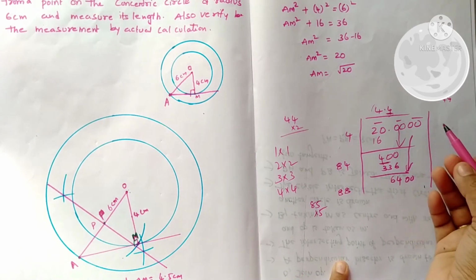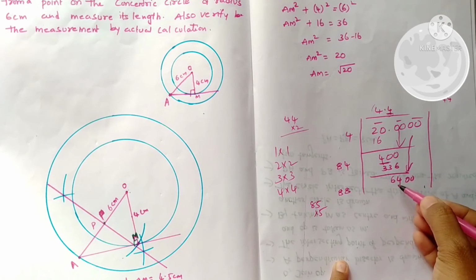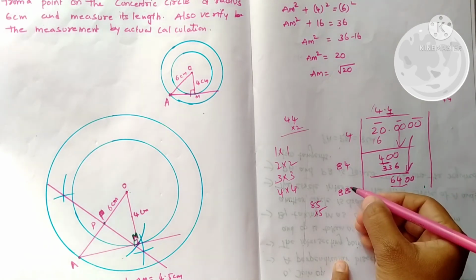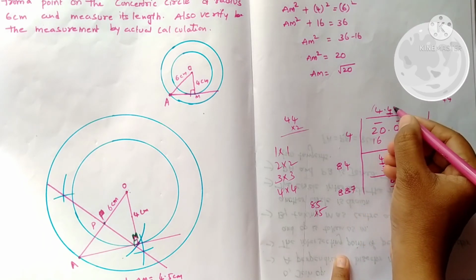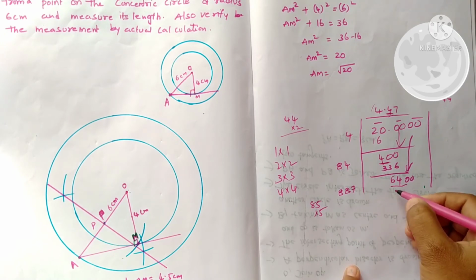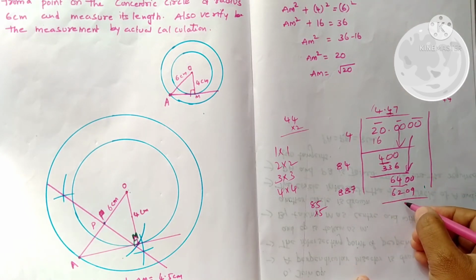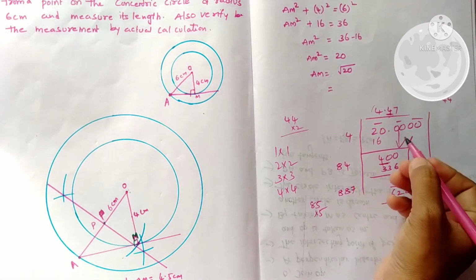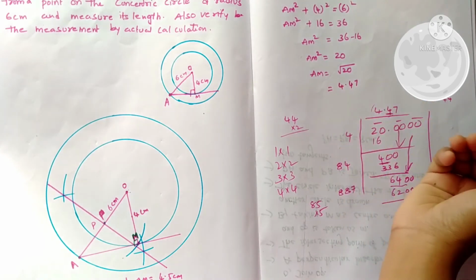Next, we check 88 with the first three digits, 640. It divides 7 times. So 887 sevens we have to check, that is 6209. If we subtract, we get 191. So root 20 up to two digits I am writing as 4.47.